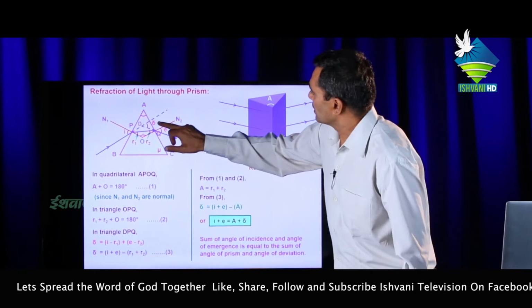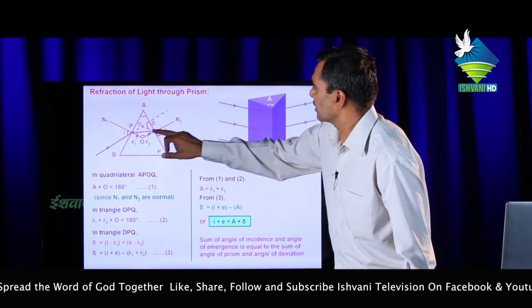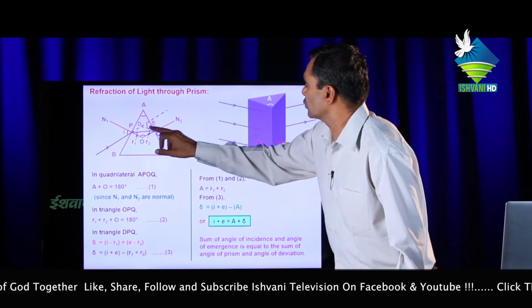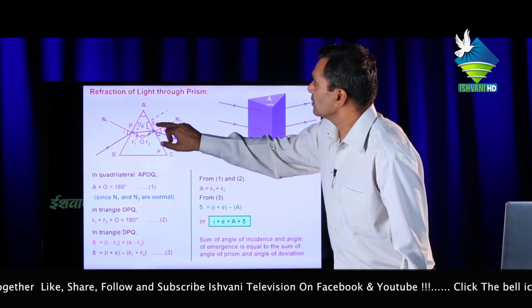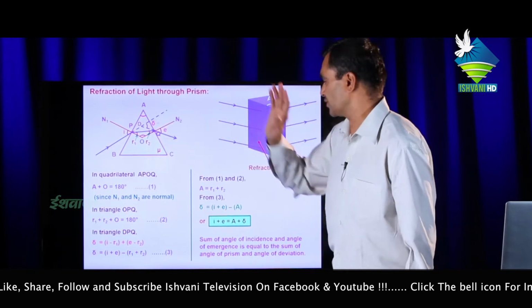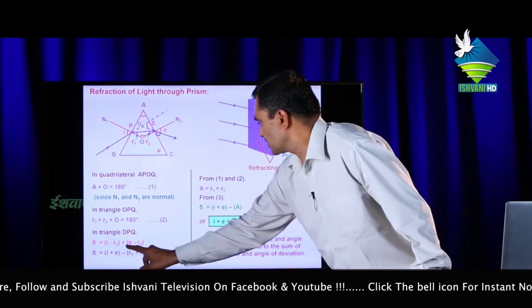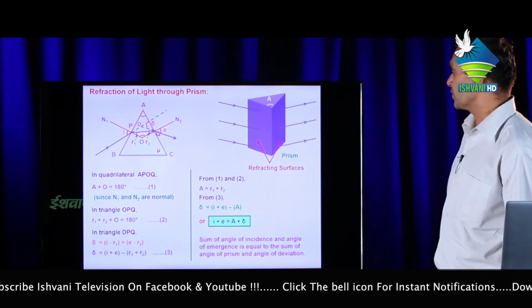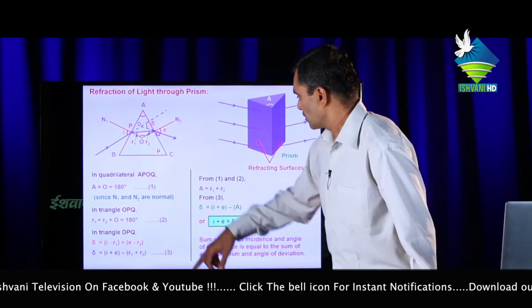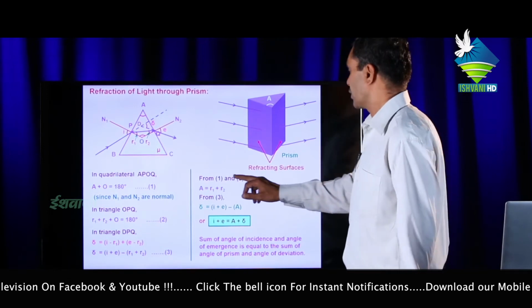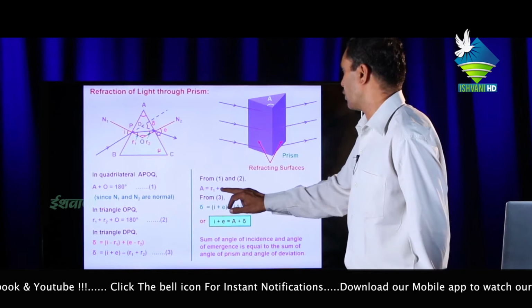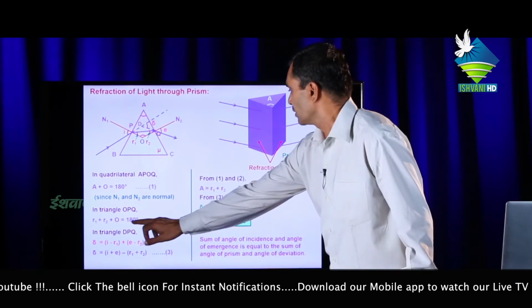Then delta, the angle of deviation, equals the sum of these two angles: I plus E minus R1 plus R2.